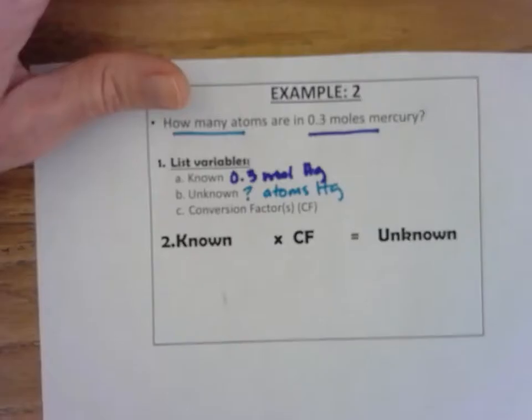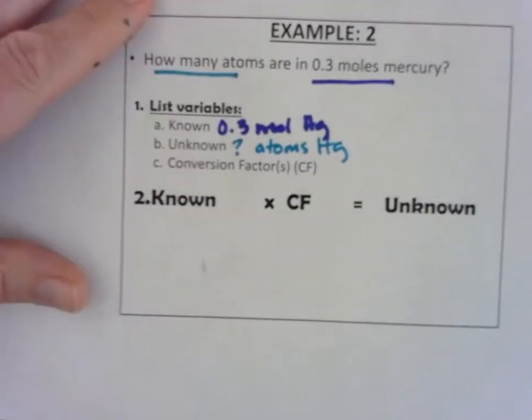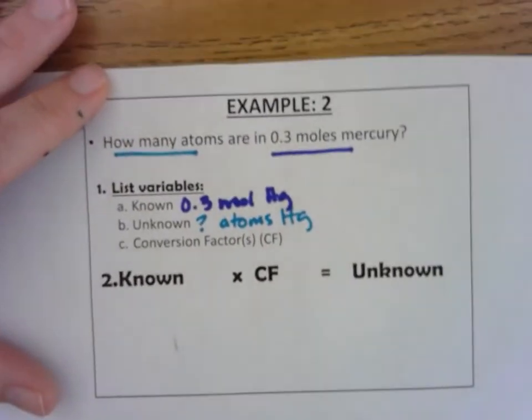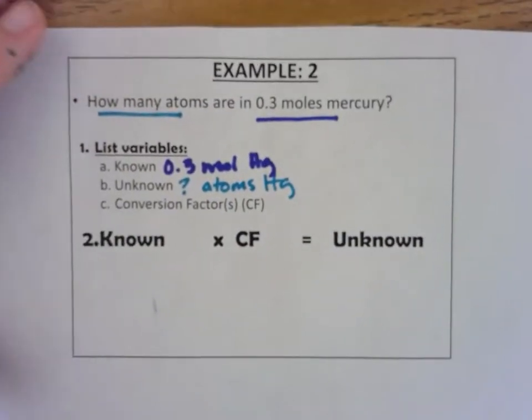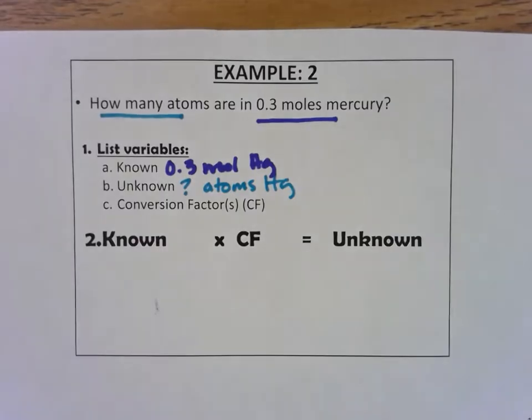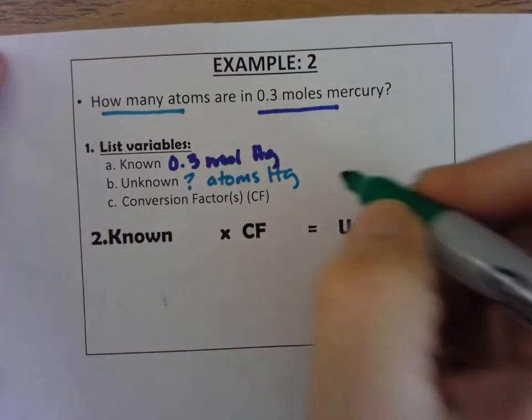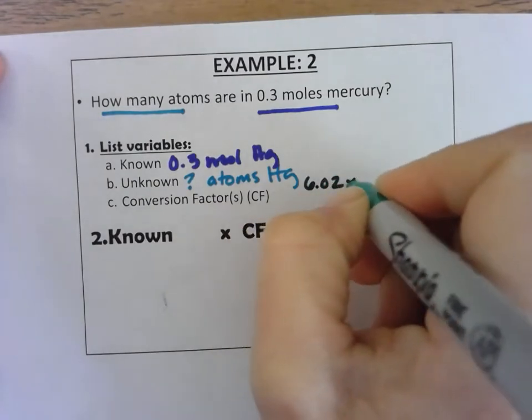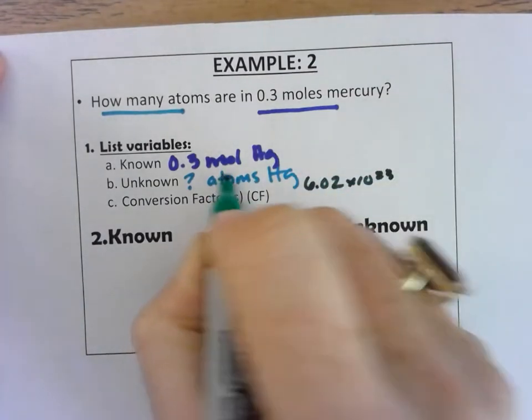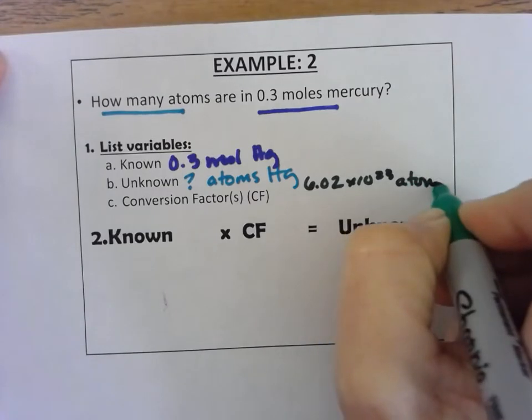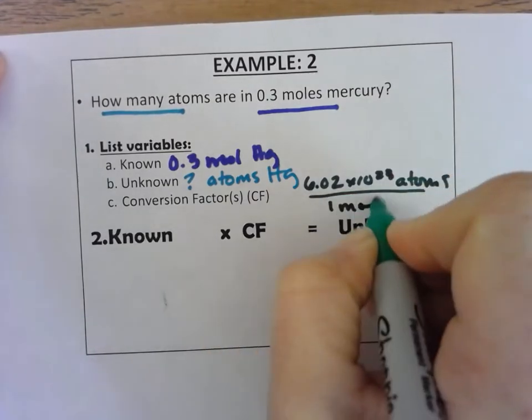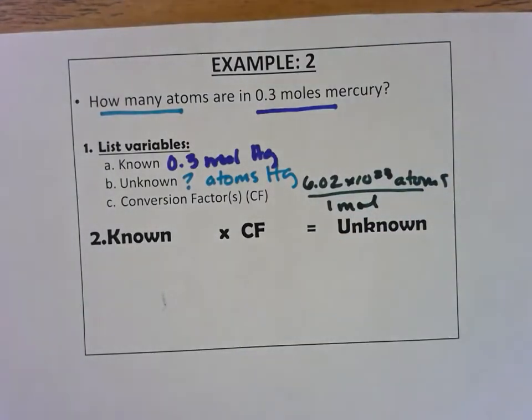Now again, I don't know what direction I am going to need that conversion factor, but I'm just going to jot it down. 6.02 times 10 to the 23rd. In this case, it's going to be atoms, and that is equal to 1 mole. We're going to set up the known as a fraction.